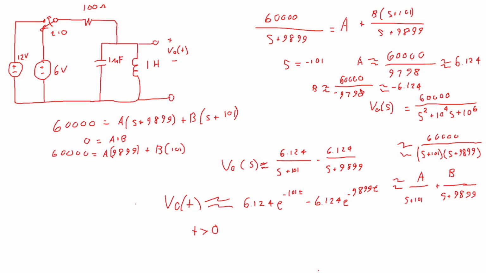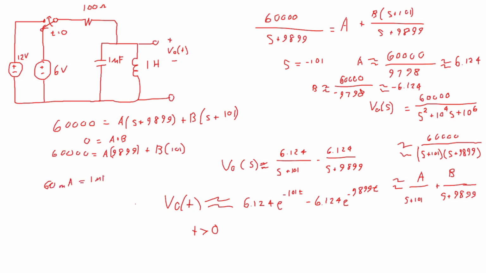This 1 microfarad capacitor is a really small capacitor. So the rate of change of the voltage on the capacitor, we know that the current of 60 mA that the capacitor accepts, it must be C dV dt.